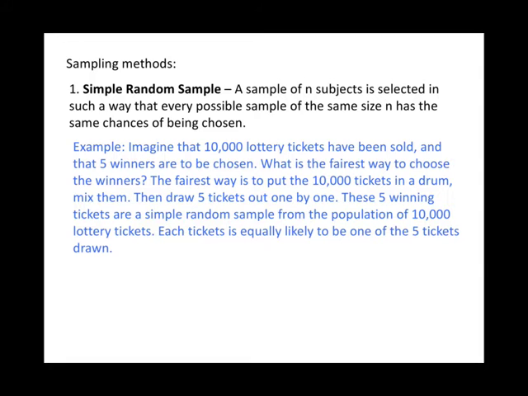Think about it, is it a simple random sample? No, right? Because not all the students in this college have the same chance of being picked. So this is not a simple random sample. Keep in mind, in a simple random sample, everyone has the same chance of being chosen. This is the first sampling method.